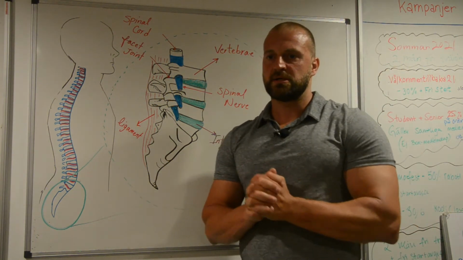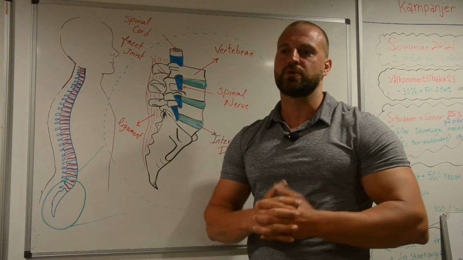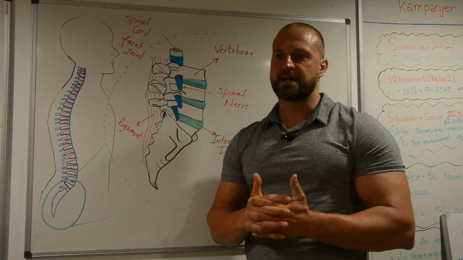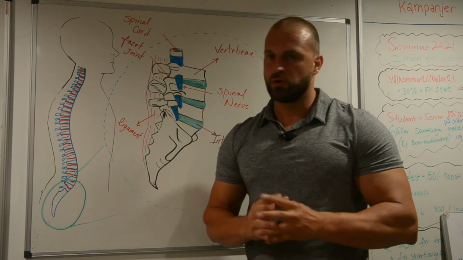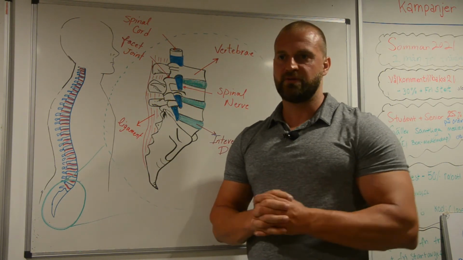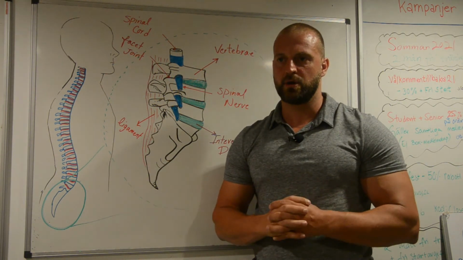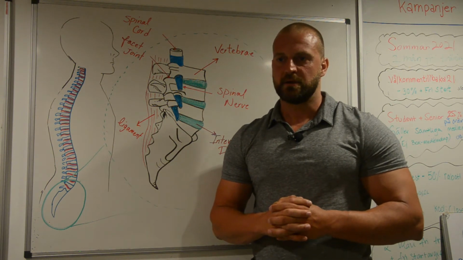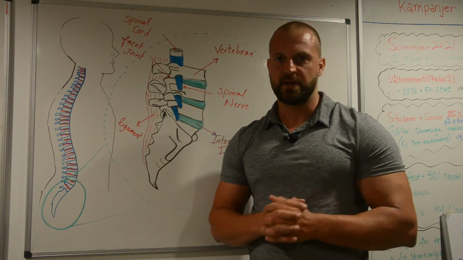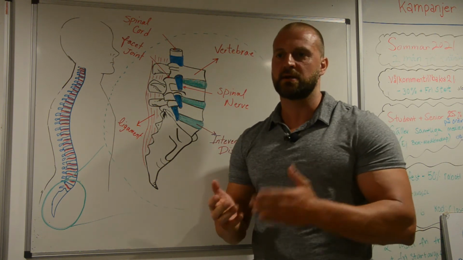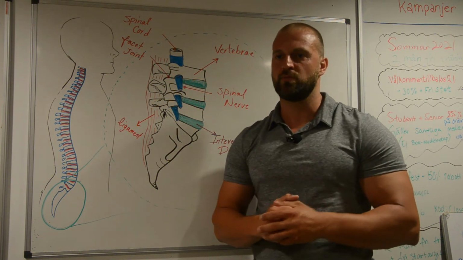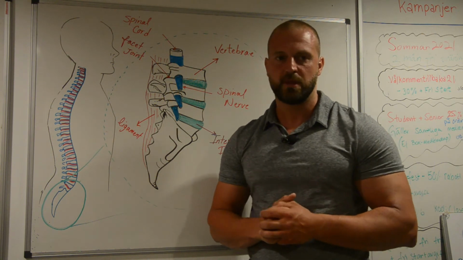Okay, let's say how we can protect our lower back spine and how we can prevent injuries. As we said at the beginning of this video, our lower back spine has a natural inward curve. But what's going to happen if we start losing that curve during some movements in the gym or in daily life?